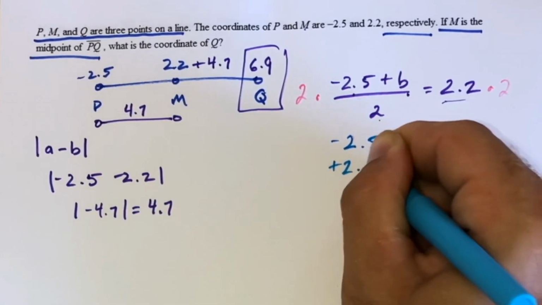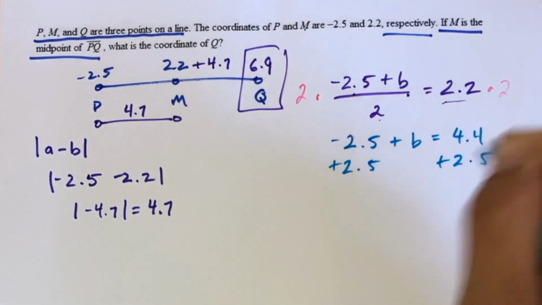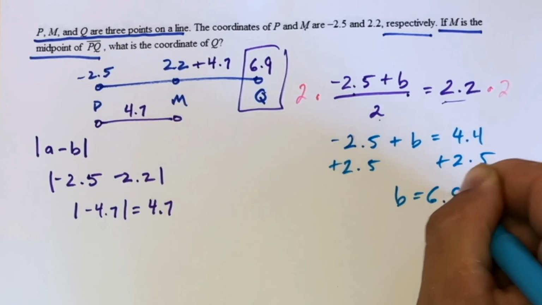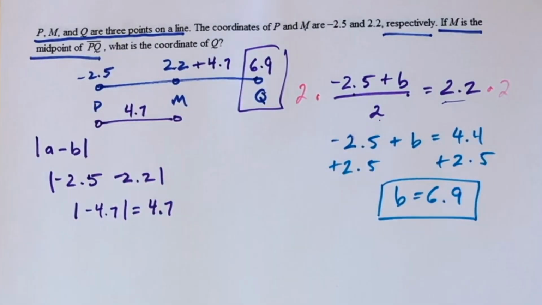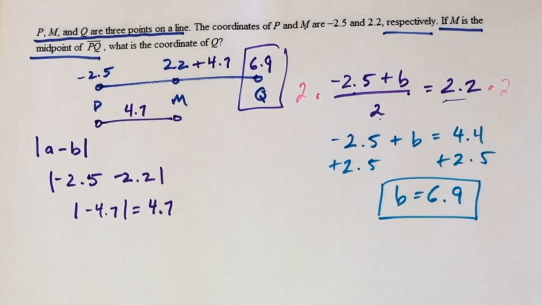Add 2.5 to both sides, and you end up with B is equal to 6.9. And that's the same result we worked with. So I wanted to show you either way of solving this question.